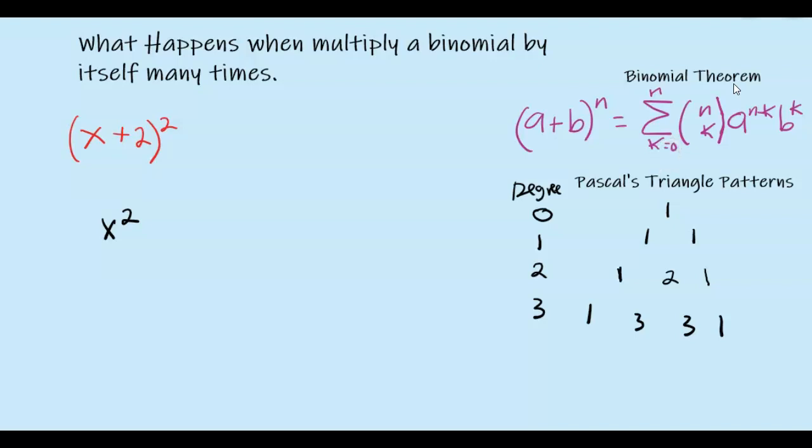So 2 minus 0 is going to be 2, and then the 2 will take 0. Then we write plus the x again. The x is going to reduce by 1, so it's going to be 1, and then the 2 will take the 1. They are always adding up to the power here.